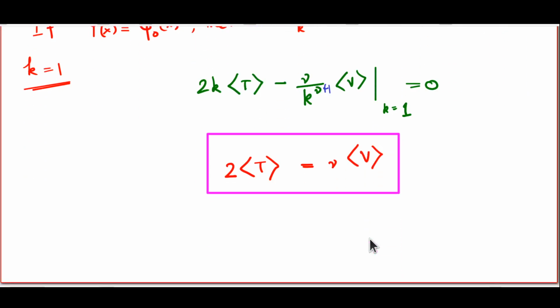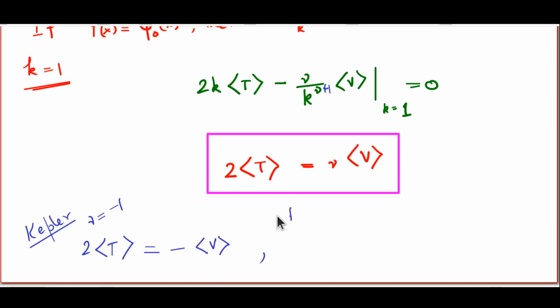So just to look at the two special cases that we mentioned, the Kepler problem, nu is minus 1. So you get this very well-known and familiar result that in the hydrogenic system, the kinetic energy expectation value is minus half times the potential energy expectation value.